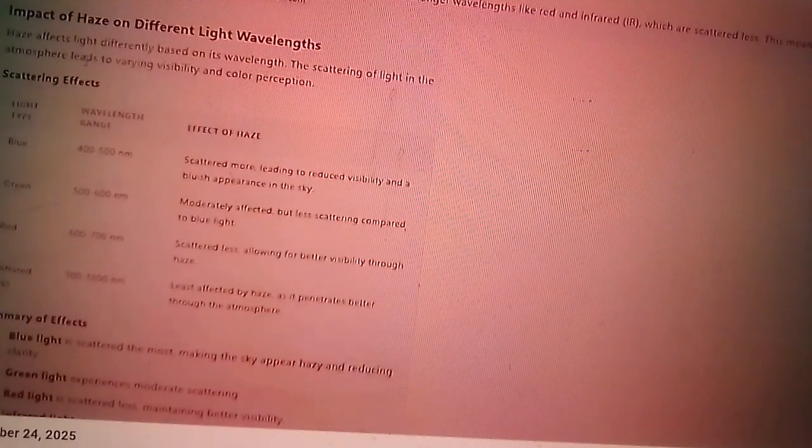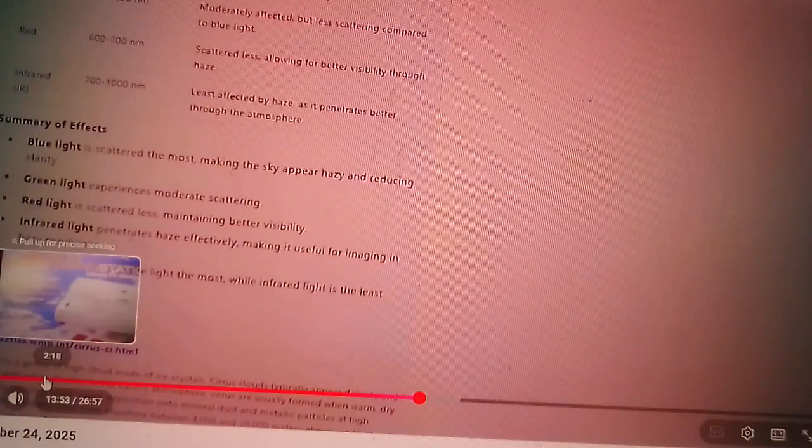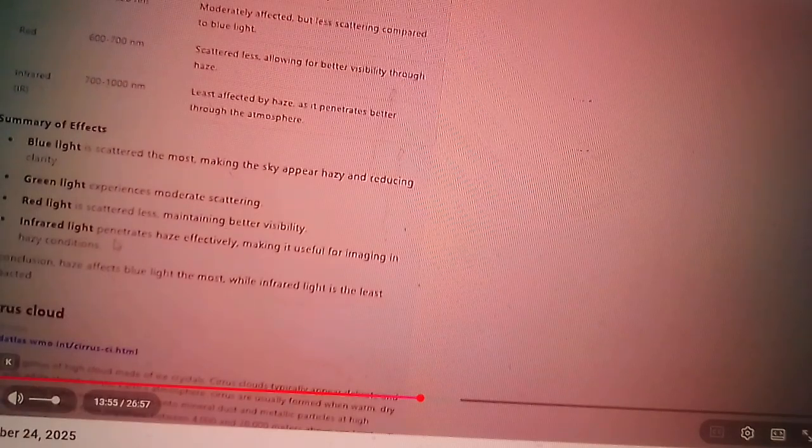Haze affects light differently based on its wavelength. The scattering of light in the atmosphere leads to varying visibility in color perception. So they've got here green is less than, these two are affected less than the green light. Infrared light penetrates. And then they've got blue light is scattered the most.